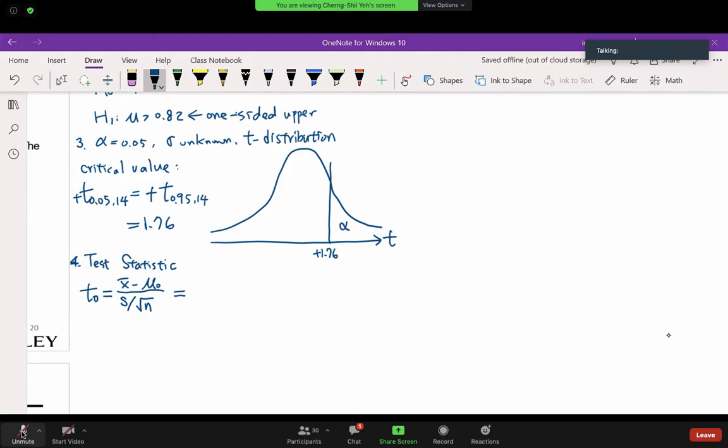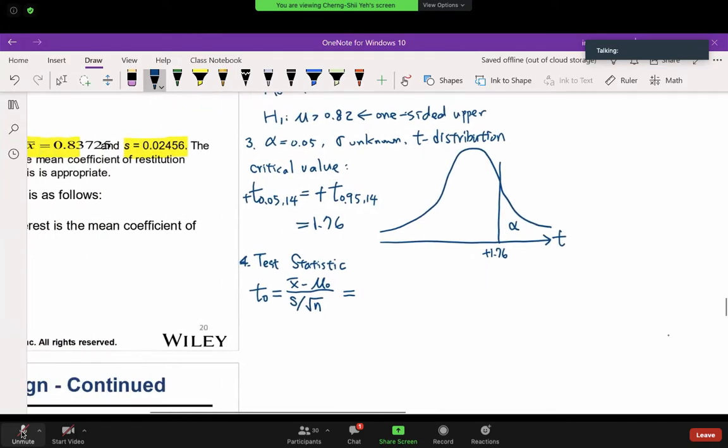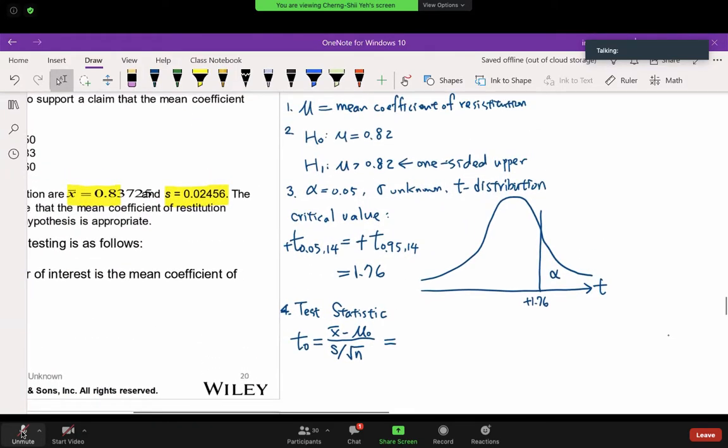Okay, my sample average is here, 0.8372. And what we believe the population mean is 0.82, divided by the sample standard deviation, 0.02456, divided by the square root of the sample size, 15.